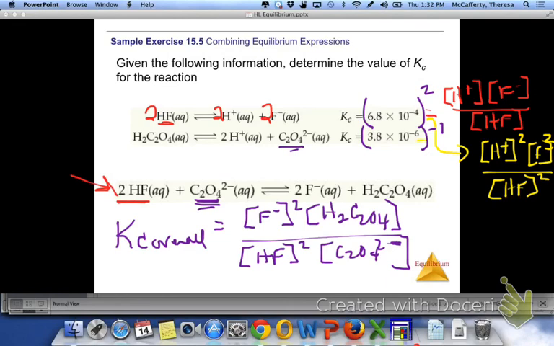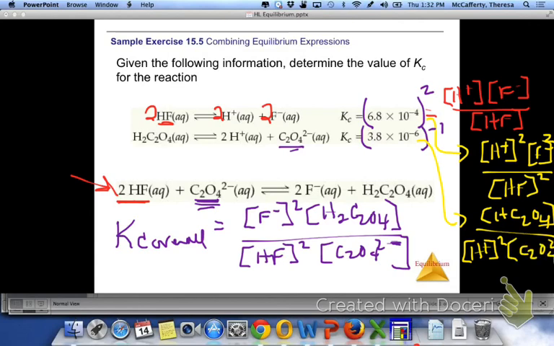One thing I forgot to do is say what this looks like after I flip it. So after I flip that, I get the oxalic acid over H plus squared times C2O4 2-. You guys all with me with where I got that from?